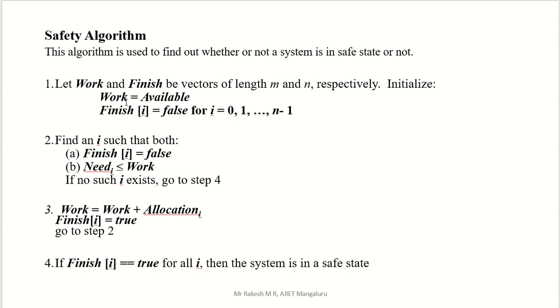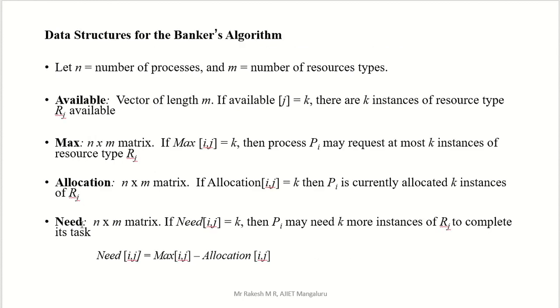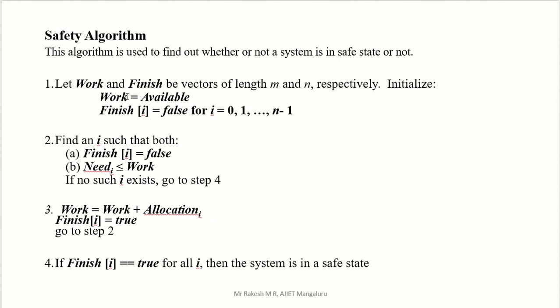So first you have to set work equal to available. Then check, is that process completed? No. Finish[i] is equal to false, so that process is not completed. Then you go on to check need is less than or equal to work. You calculate need as well. Work means available, now we set work equal to available. So we have to check need is less than or equal to work.